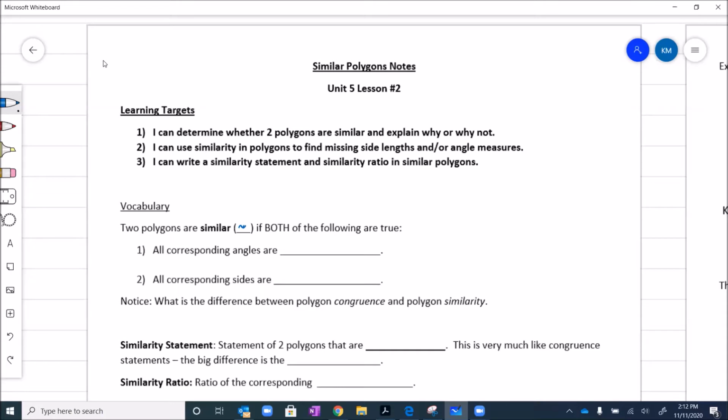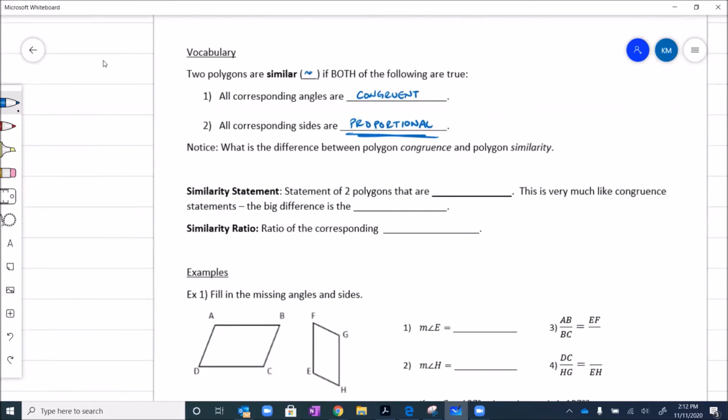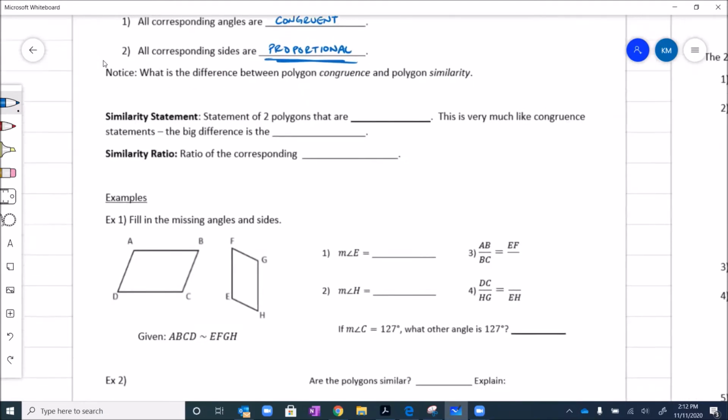Okay, so two polygons are similar if both of the following are true. All corresponding angles are congruent, and all corresponding sides are proportional. Proportional, okay. Big deal here, proportional, not equal. They don't have to be equal to each other, but they have to be in the same proportion.